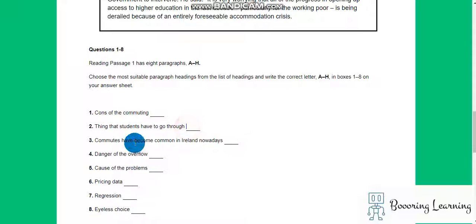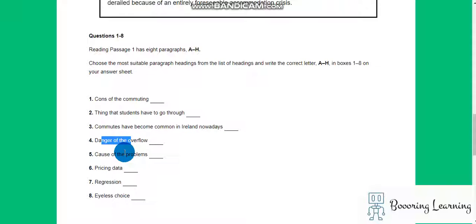Maybe commutes have become common, not this. Danger of the overflow, not this. Cause of the problems. Pricing data. Regression. IELTS choice. Cons of the commuting. I think that students have to go through. Okay, I think it's A.